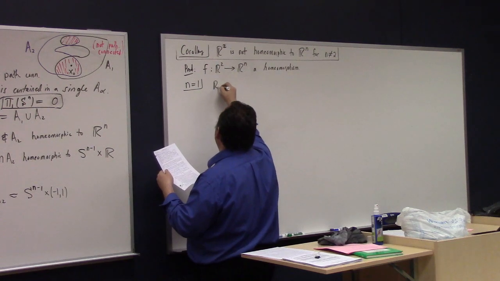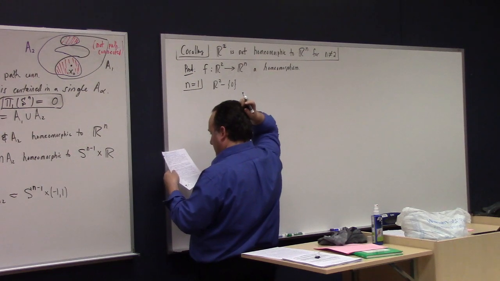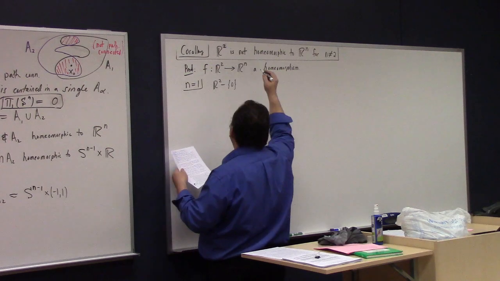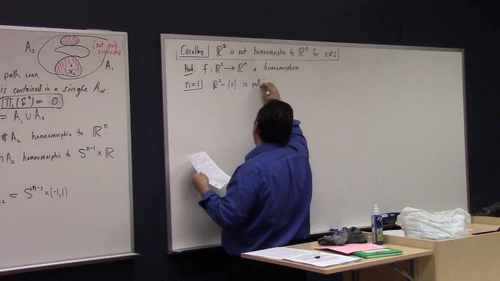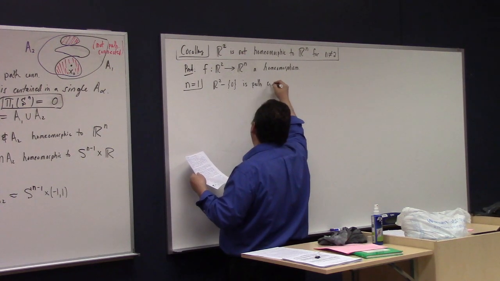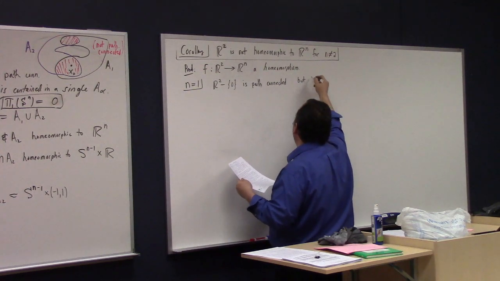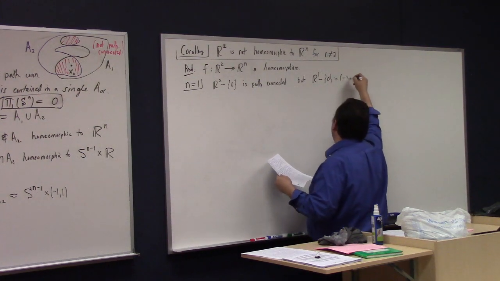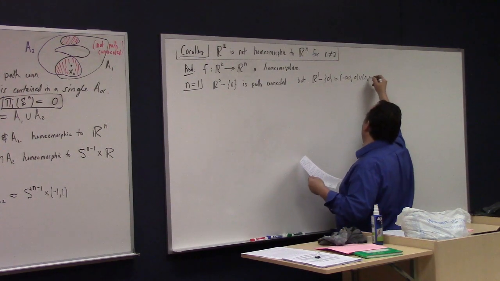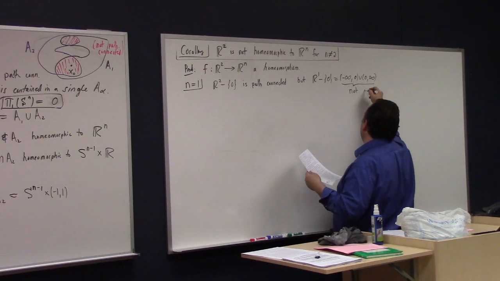if we take away a point from R2, it is path connected, right? But R1 without 0 is not path connected, right?